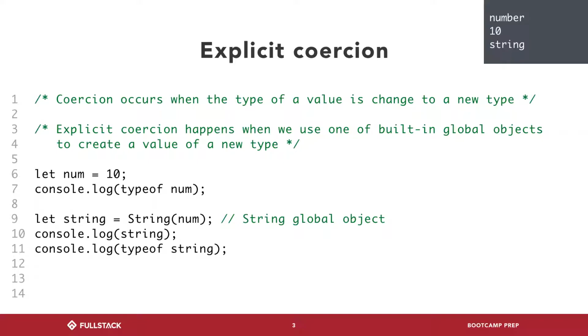Explicit means I am very, very clearly saying, change this thing into this thing. I tell you that this is a number, and I say here, make this into a string for me. We tell the reader exactly what we're changing from something that's type A to something that's type B. Very straightforward. You'll see this in code somewhat, but the reason I'm going to move on from this is because it's very clear that's what's happening.